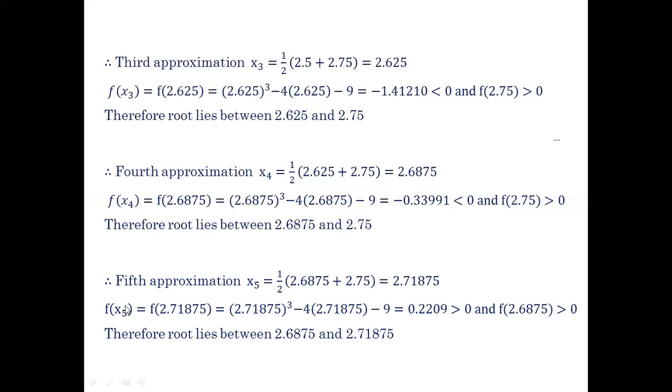Then you find f(x5). x5 is equal to f(2.71875). Substitute in the x cubed minus 4x minus 9 in the given f(x). So we get 2.71875 cubed minus 4 into 2.71875 minus 9. After simplification, we get 0.2209 greater than 0.